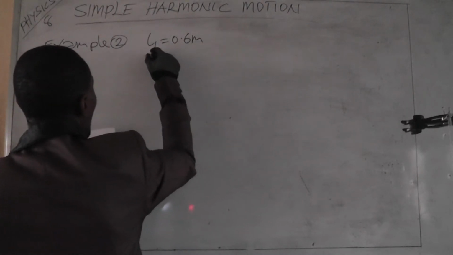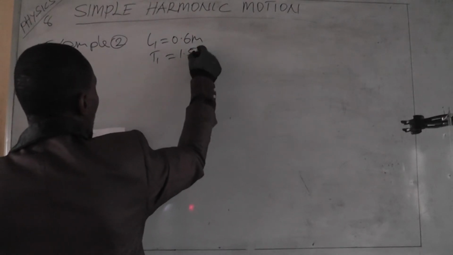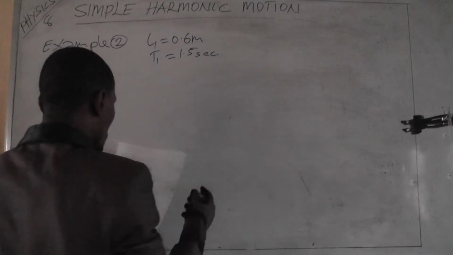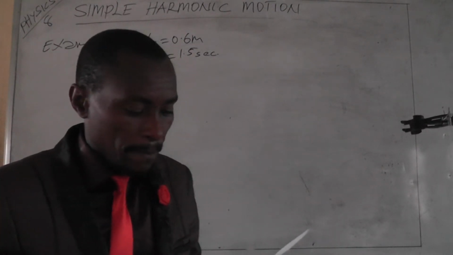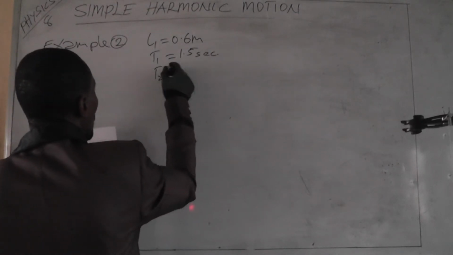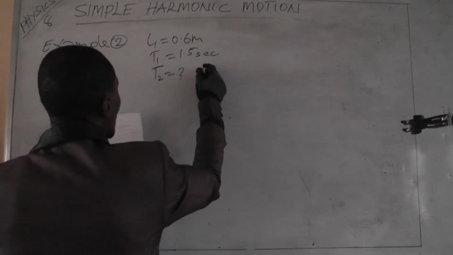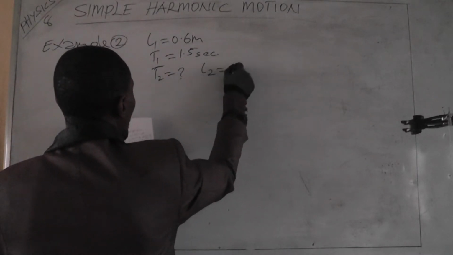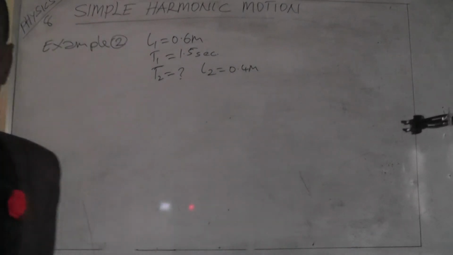What is the period of a similar pendulum 0.4 meter long? That is the L2, 0.4 meter.